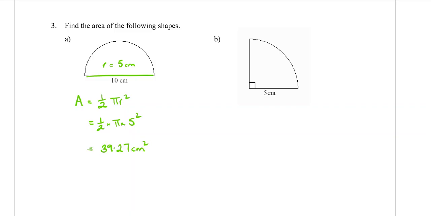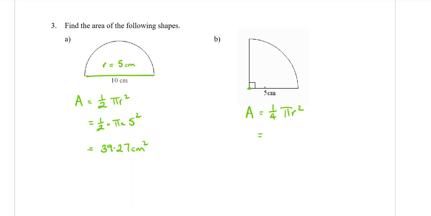centimeters squared. Part B, that is a quarter of a circle, because this would be the center of the circle here, and if I drew the rest of the circle, it would come all the way around like that. And we've divided it into 4 parts. So we have got a quarter of a circle, which is a quarter of pi r squared.